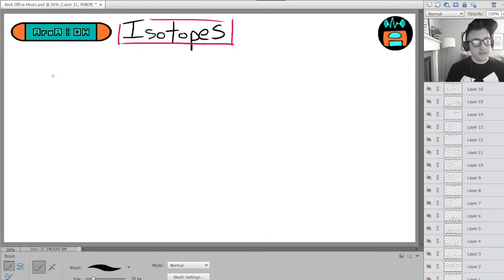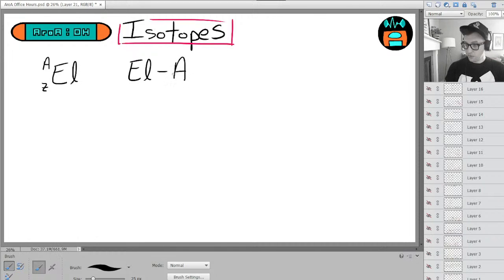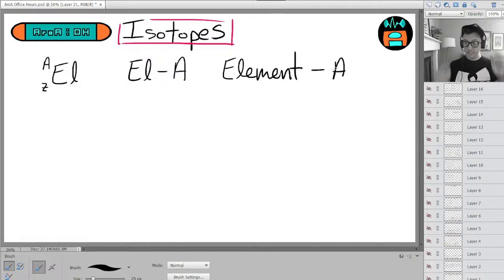You can write the elemental symbol, with the mass number superscripted to the left and the atomic number subscripted to the left. That's one way to identify an isotope. You could also write the elemental symbol followed by a dash and the mass number. That's another way. The third way is you can write the element's name with a dash followed by the mass number. These are the three different ways of identifying any isotope.